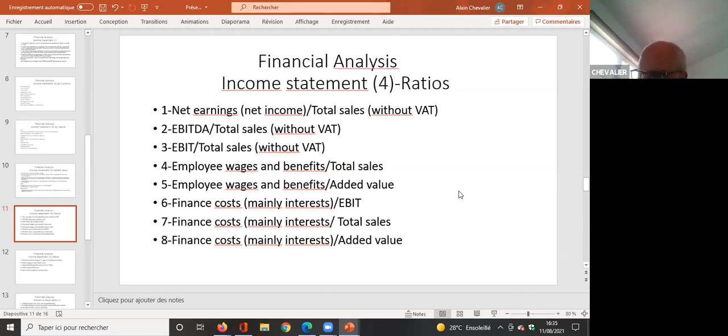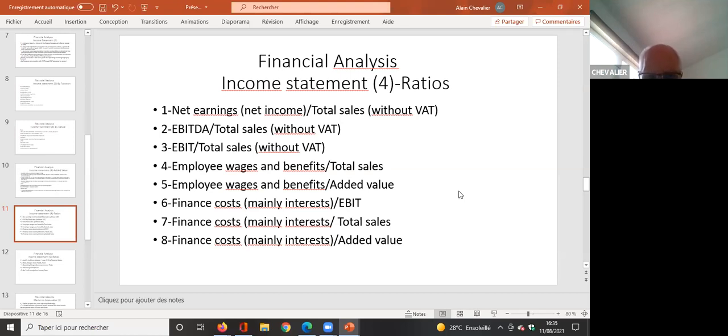So it's really production minus consumption minus distribution by wages and benefits to the staff. And you can better compare different activities using this ratio.